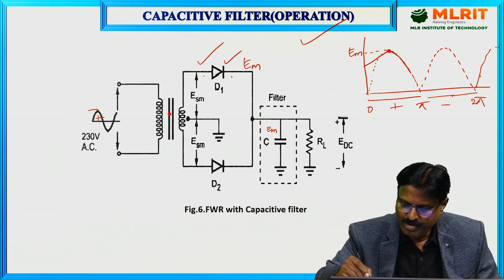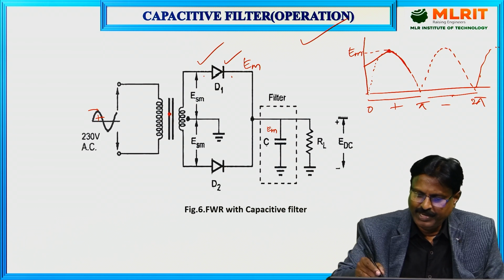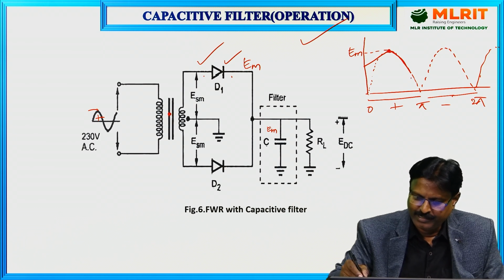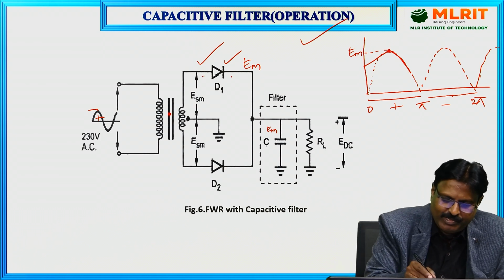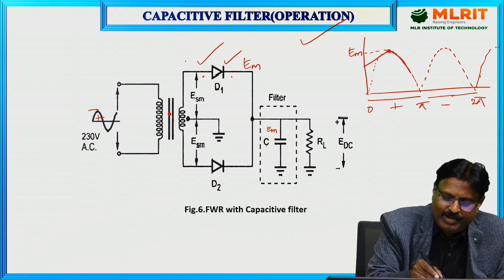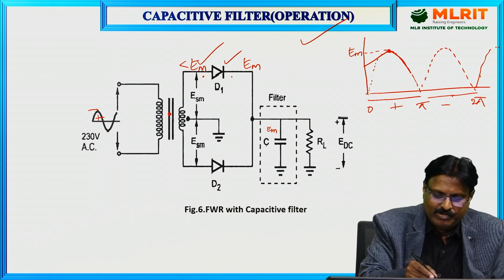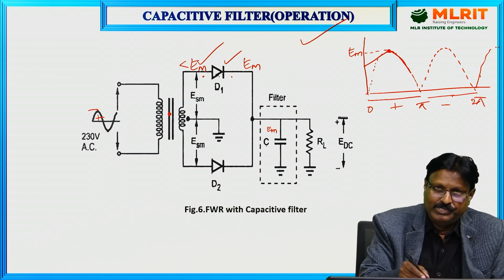That means from EM, it is slowly decreasing its value. So if you observe the anode voltage here, it will be less than EM. That is a peak value.